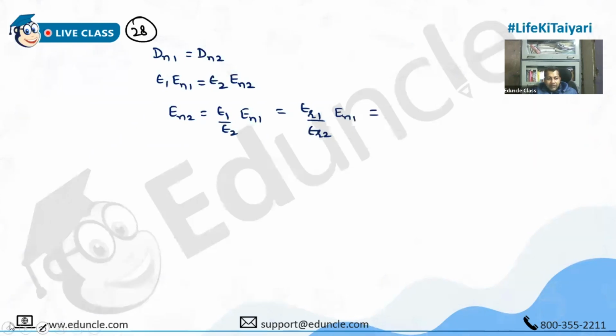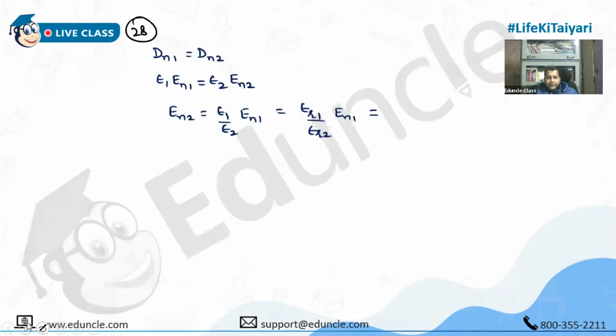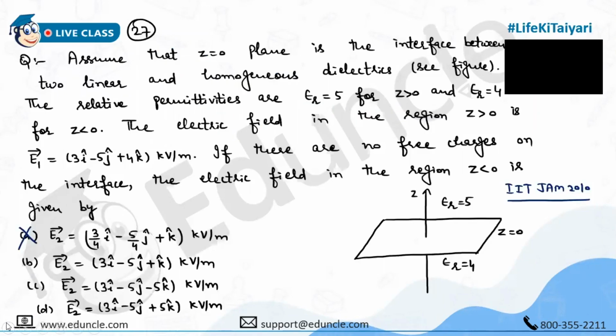And E normal 1 is 4 k cap. Epsilon R1 is 5 by 4, so 5 by 4 into 4.